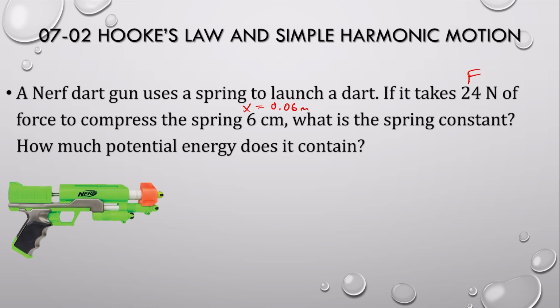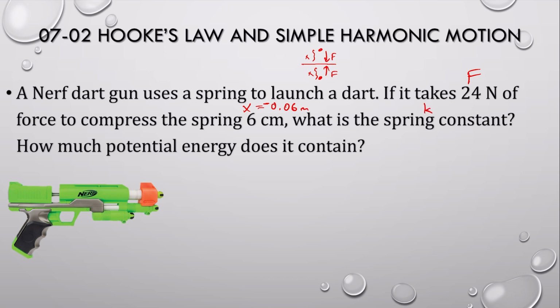The force is always the opposite direction as the displacement. If you're below equilibrium, the displacement is down, and the force is going up. For above, the displacement is positive, and the force is down. So one of these has to be negative, so we're going to let the displacement be negative.